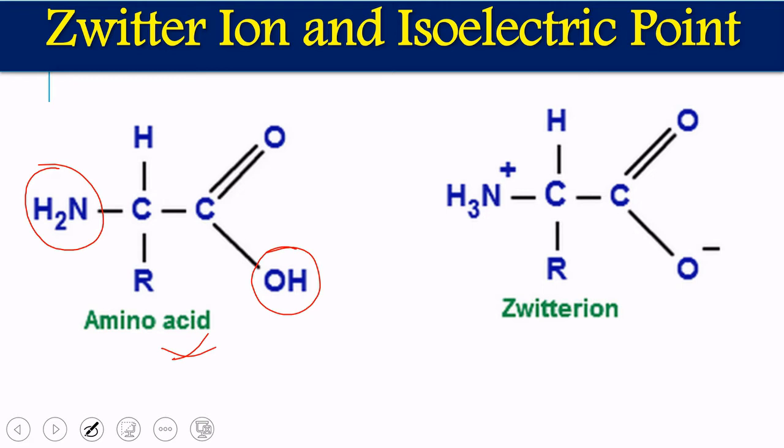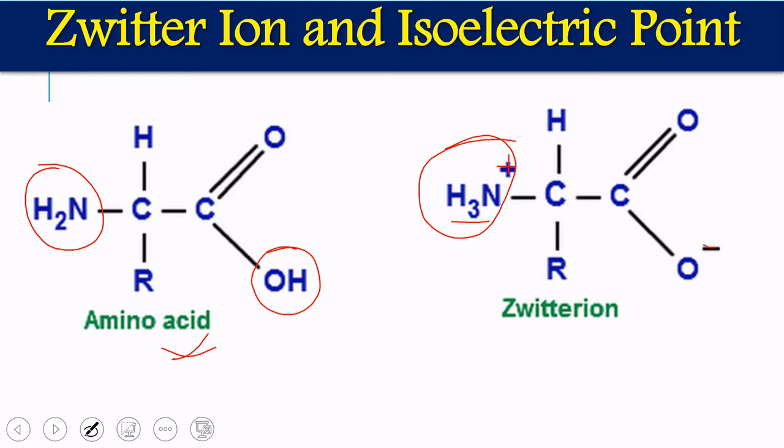The amino group has a tendency to accept H plus, so it can have an extra H plus and will have a positive charge. And the COOH group, because it is an acid group, has a tendency to donate H plus. So H plus has gone from here, and ultimately it has a negative charge.